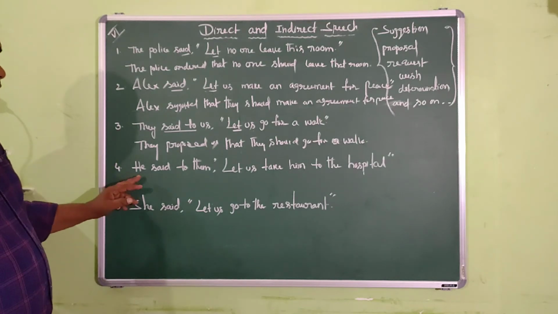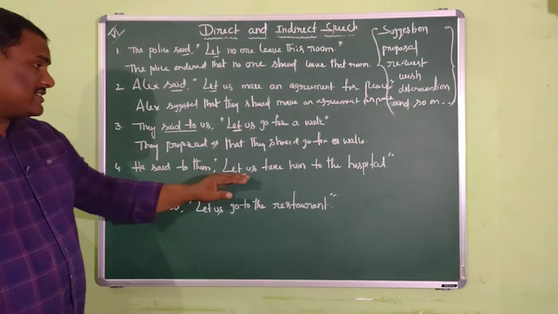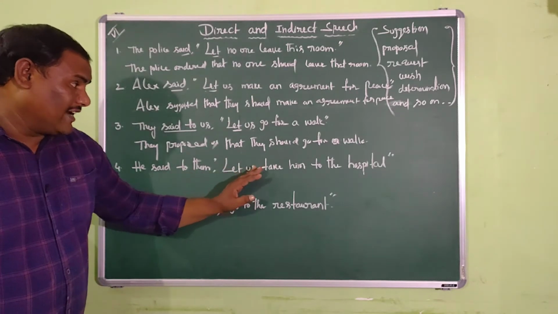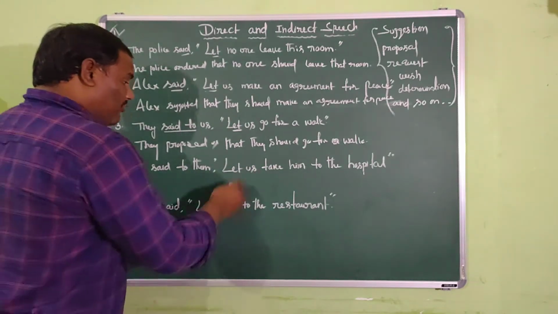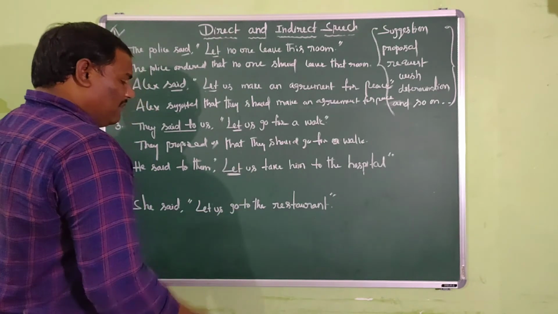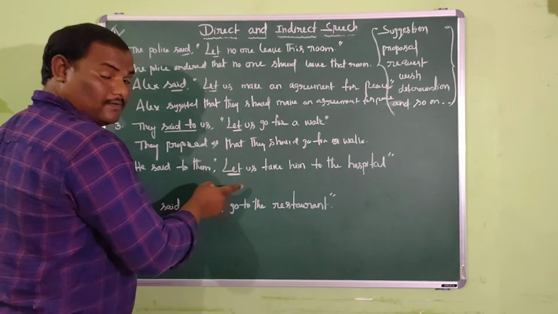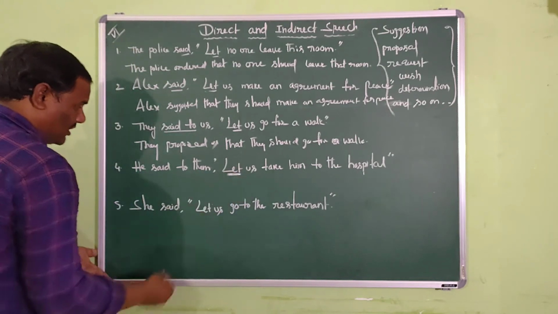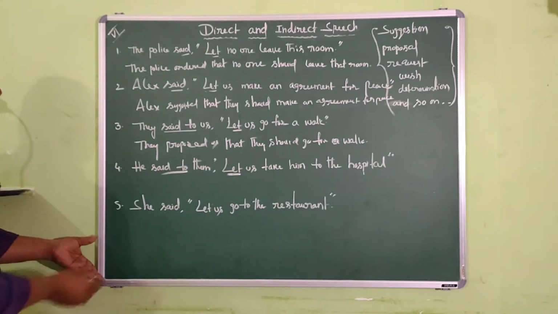Now we shall take the fourth one. He said to them, "Let us take him to the hospital." Here the word let is making a suggestion. So as it is giving us the meaning of a suggestion, the reporting verb can be changed into suggested.